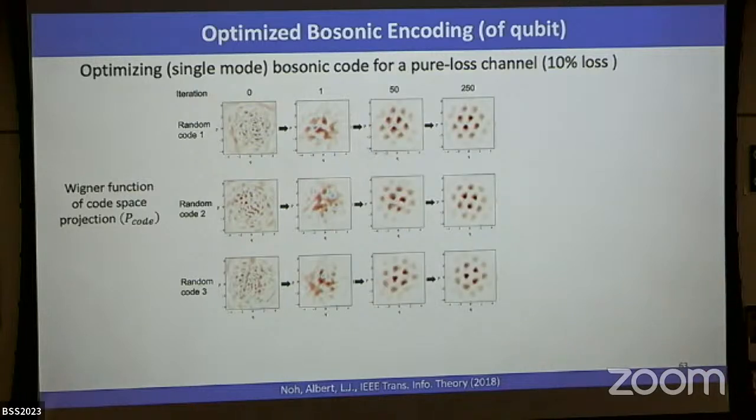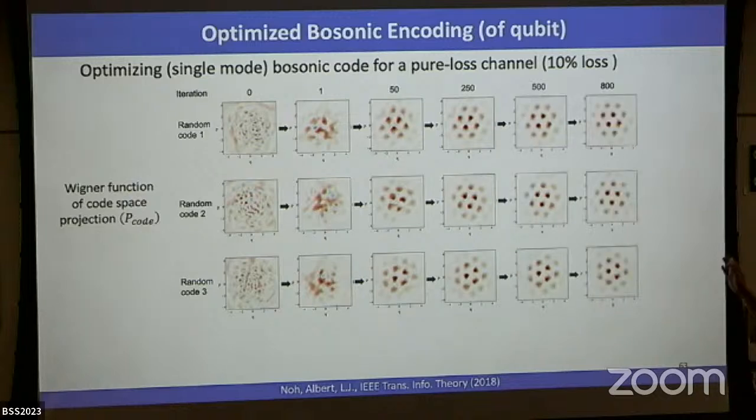But after a few hundred rounds, you start to see a hexagonal lattice pattern emerge. They basically converge to the same solution up to some gauge degree of freedom, which is the overall phase rotation, because that's essentially the same code up to a general phase rotation. And it reminds us of efficient packing in 2D, because the hexagonal lattice is the most efficient packing.